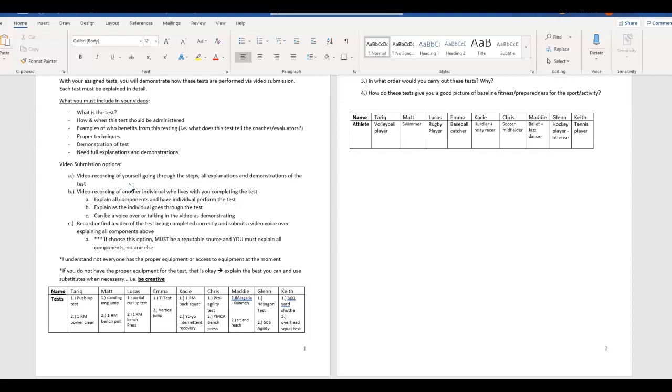But it needs to make sure you explain all components and have your person, whoever you are close with, perform the test. Explain as the individual goes through the test, and it also can be a voiceover talking in the video as demonstrating.